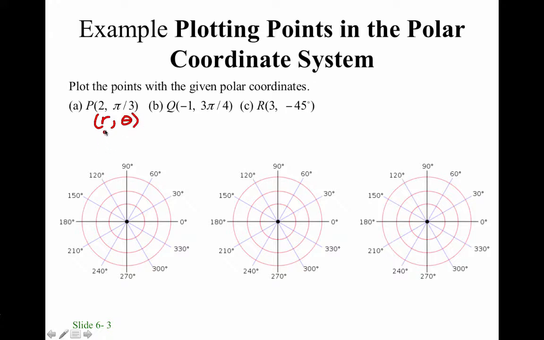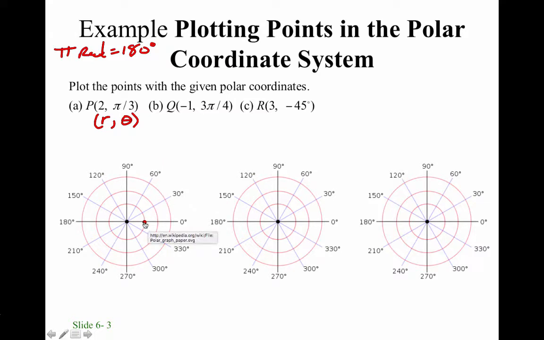We're going to need to do some conversion from degrees to radians and back again, so please remember that pi radians is 180 degrees. Got it? Good. That's from chapter 4, pre-calc.